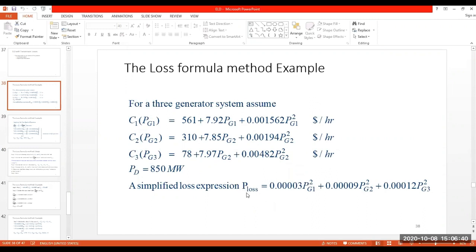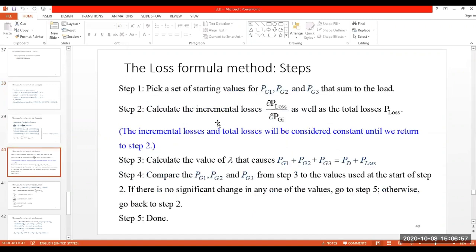You can calculate dP_loss by dPG2 and put the assumed value of PG2 here. Similarly, for dP_loss over dPG3. We'll solve it and then we'll show what the steps are.